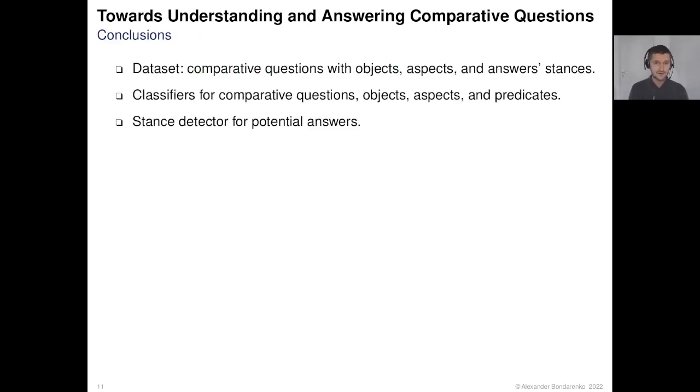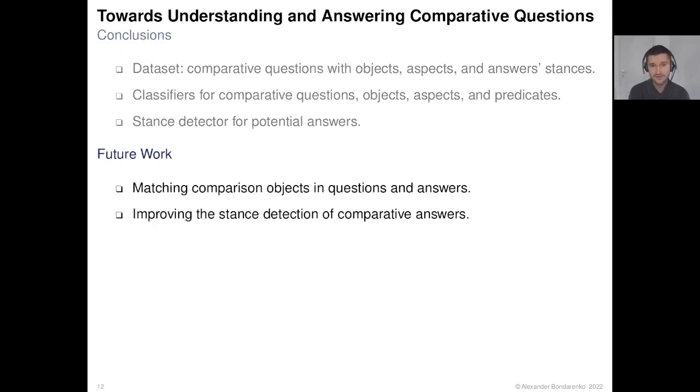Okay, to summarize, in our work we constructed a dataset that contains comparative questions labeled with comparison objects and aspects, and also for a subset of comparative questions we labeled potential answers with their respective stance. We proposed and evaluated classifiers for comparative questions and also for parsing those questions, and we proposed a stance detector for potential answers.